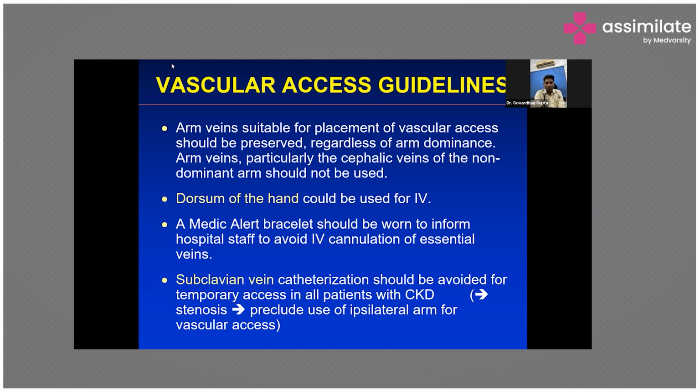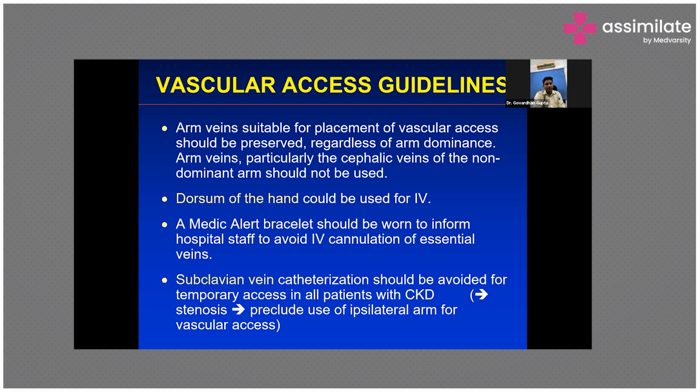The arm, when suitable for placement of vascular access, should be preserved regardless of arm dominance. The arm veins, particularly the cephalic vein of the non-dominant arm, should not be used for pricking or taking blood pressure. Casual use should not be there. If it is an emergency, we can go ahead with it, but casual use should be avoided.